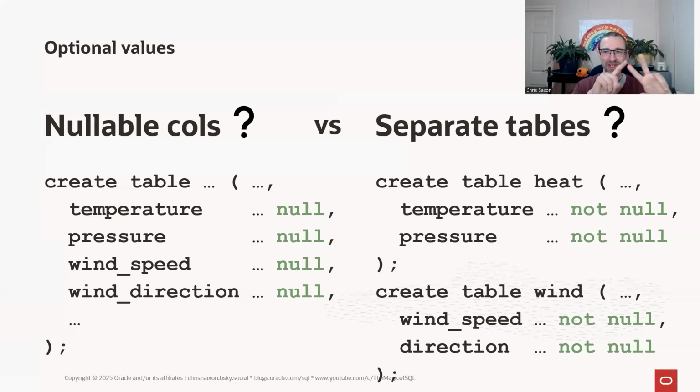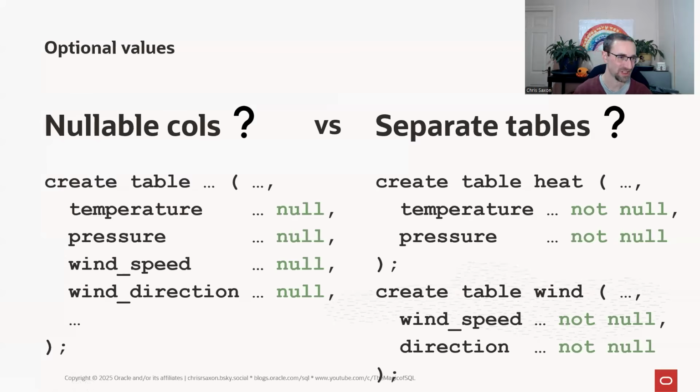Each location could have just one of these sensors, could have two of them, could have all three. However, if we are capturing heat data, we're always going to capture the temperature and the pressure and the humidity, right? So within each of those subgroups, there's a collection of attributes we will always get.